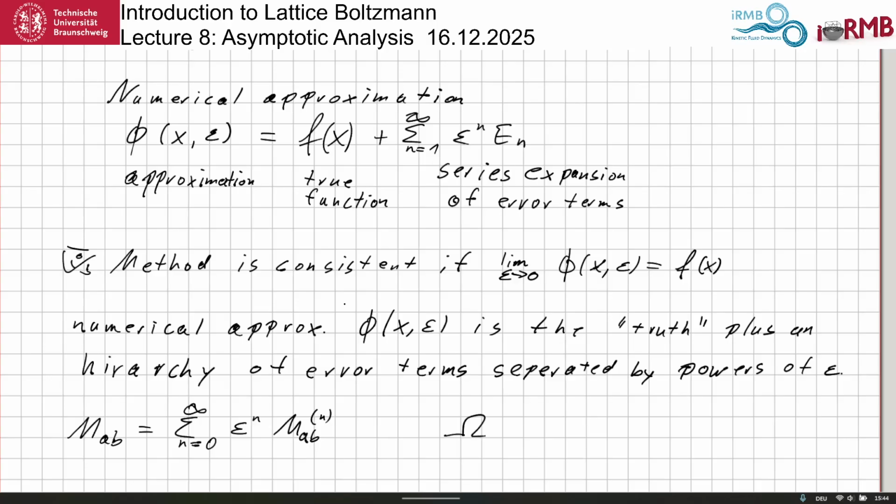We can also expand this omega thing, and this can be the overbar version or not, it doesn't matter, plus pre-collision, after collision. So we do the same thing from 0 to infinity, epsilon to the power of n and omega_ab to the nth order.